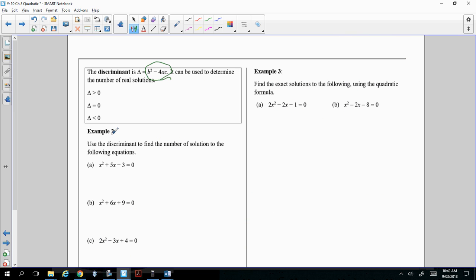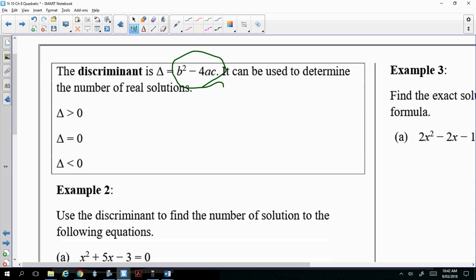So we denote this by the Greek letter delta. That's a Greek letter delta that looks like a triangle. It's a capital letter delta, okay? So delta equals b squared minus 4ac, called the discriminant, and it tells you how many solutions there are. When the discriminant is positive, we say there are 2 solutions.